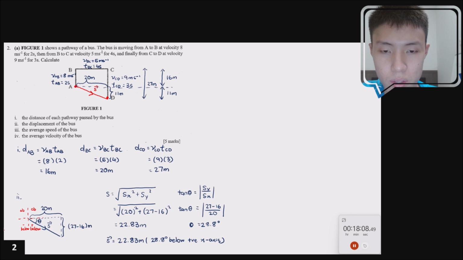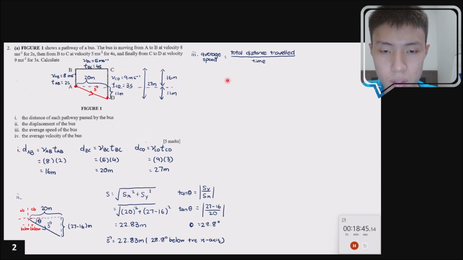Let's move on to average speed and average velocity now. So average speed, as we know, is the total distance traveled divided by time, the duration for the total distance to be traveled. Total distance traveled here is just taking DAB plus DBC plus DCD.